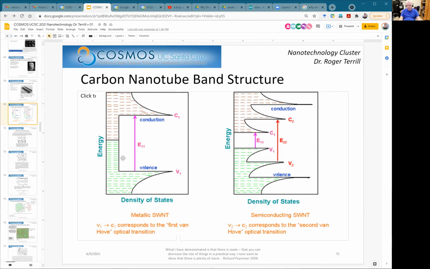So if I were to ask you to tell me what electrons at what state contribute the most to the conduction of this tube, what would your answer be? Valence electrons?